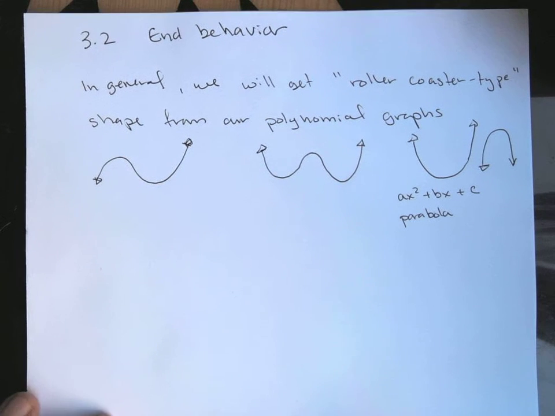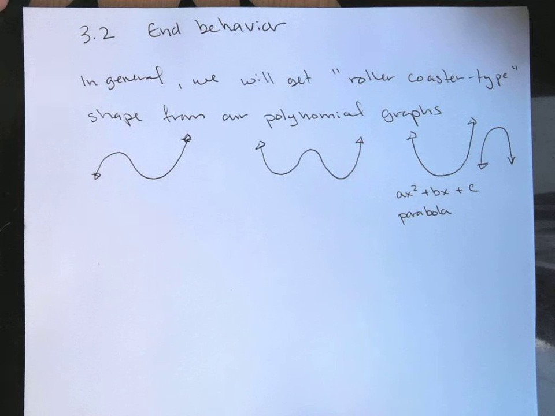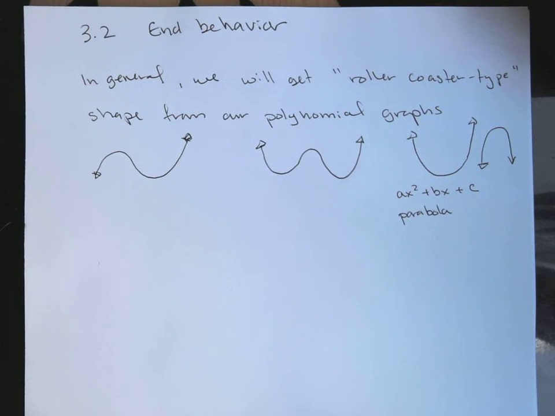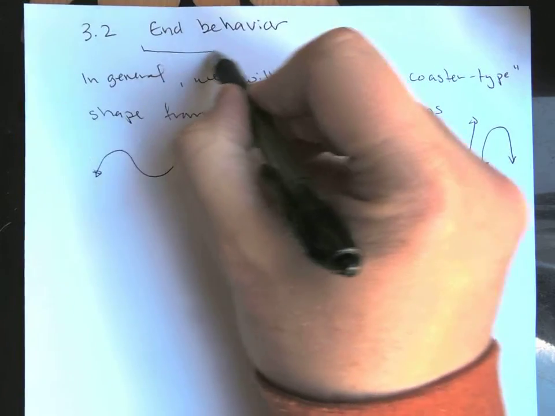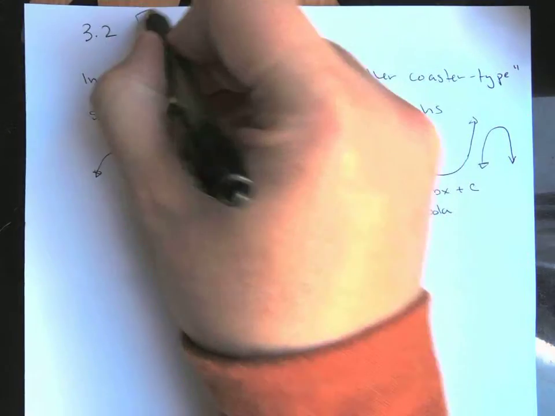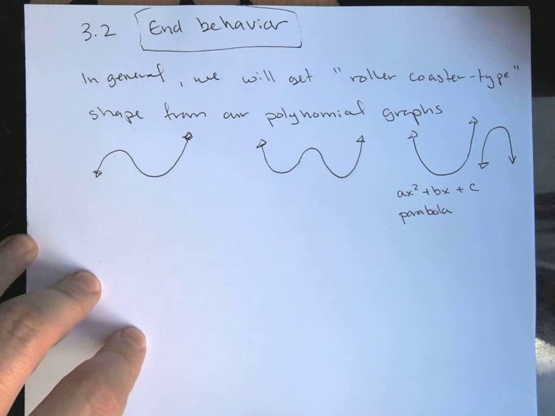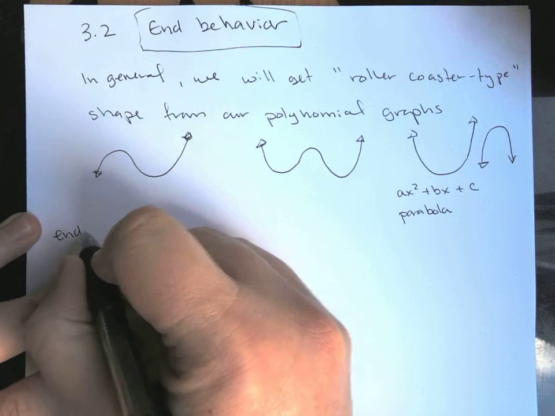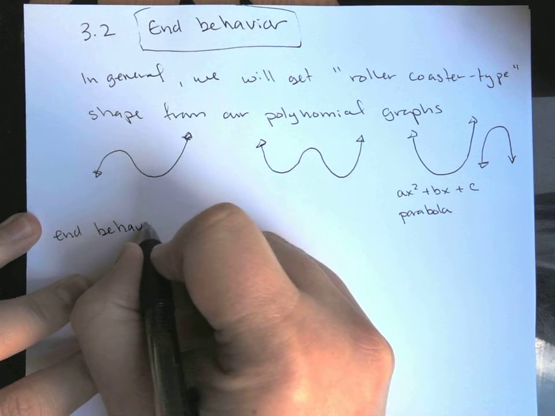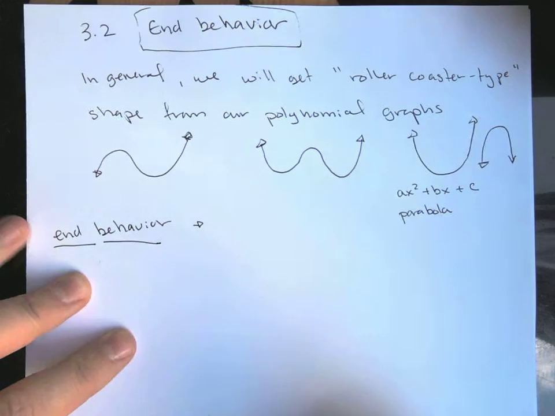So to continue trying to find enough information to make a decent sketch of what this graph is going to look like, we're going to work our way from the outside in. The first stop here is end behavior. End behavior is: what does the graph do as you get further and further out to the left or to the right? So maybe we can be a bit more specific.